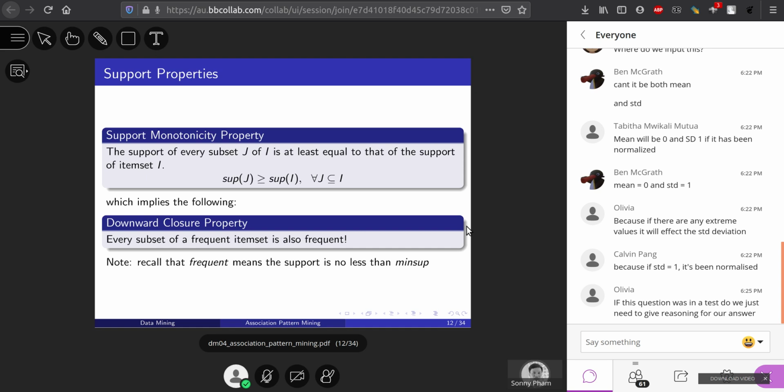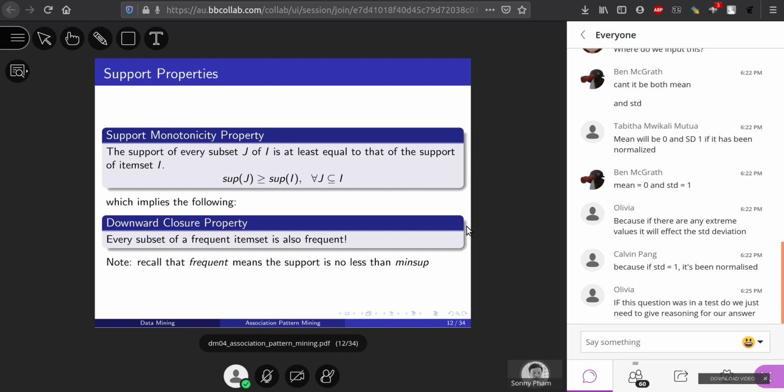The next one is the result of that property. If you have an item set which is frequent, and you construct a subset out of that set, then every subset of it is also frequent.